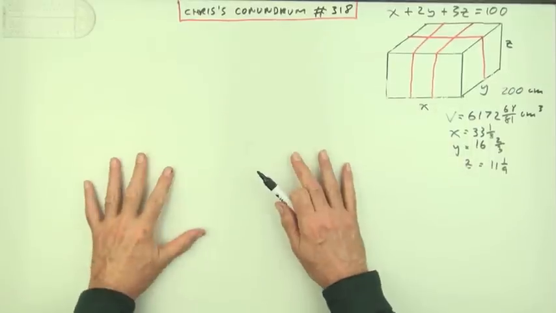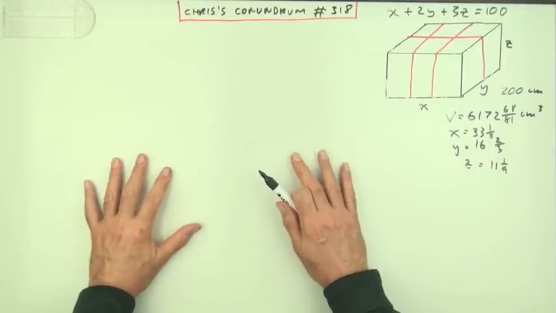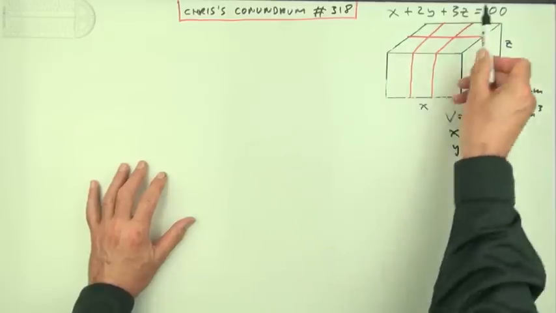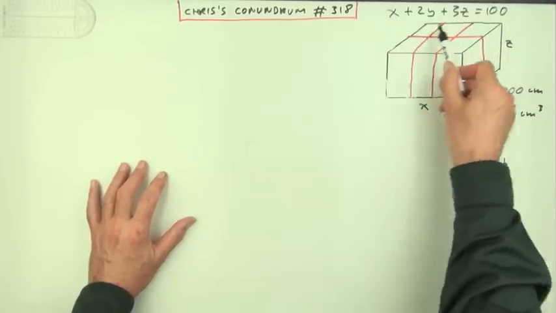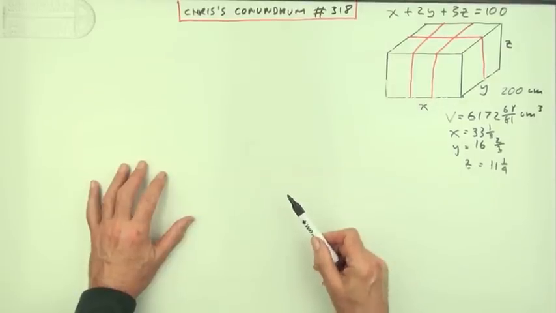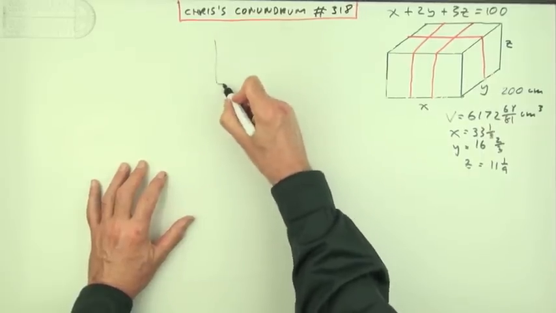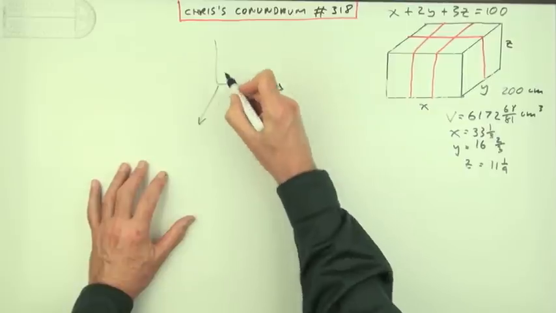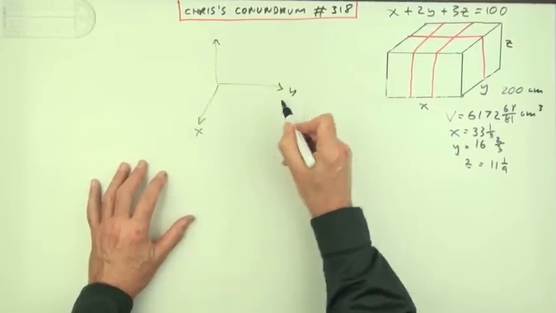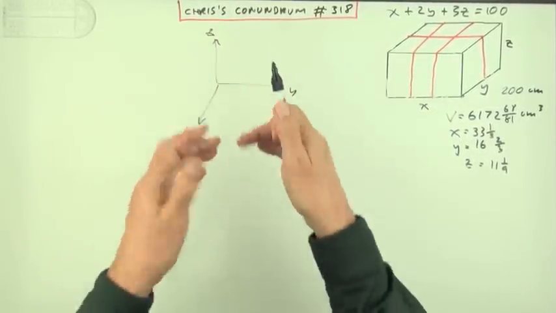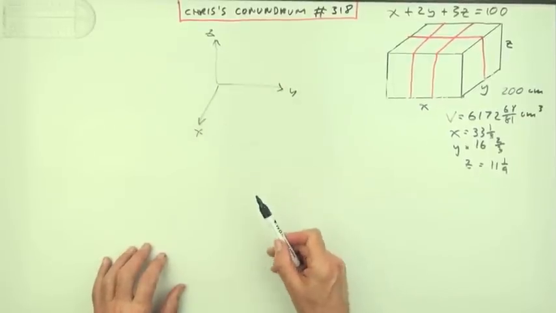Now there's another way, which relies on thinking of surfaces in space. For instance, this constraint equation, if you look at it, is the equation of a plane. If I was to draw what that plane looks like, it's only the positive parts I need, so it's like looking down into the corner of a room, the x, y and z axes.